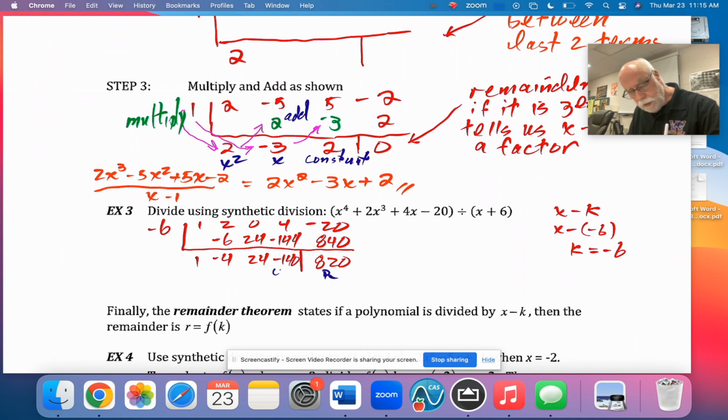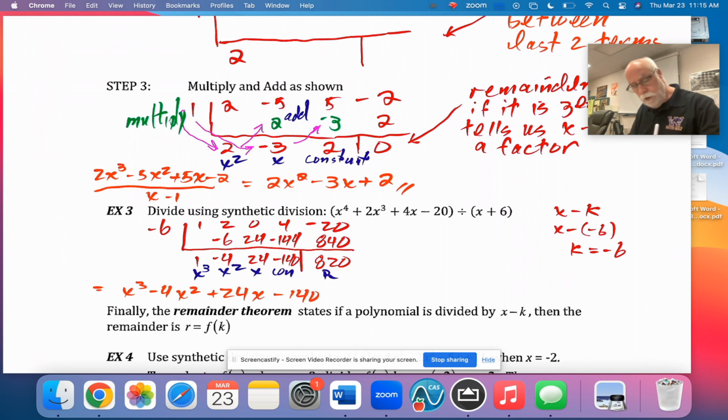This is our constant, this is our x term, our x squared term, and our x cubed. Again, it is 1 degree less if you notice it. So we can again just write down our answer: x cubed minus 4x squared plus 24x minus 140.